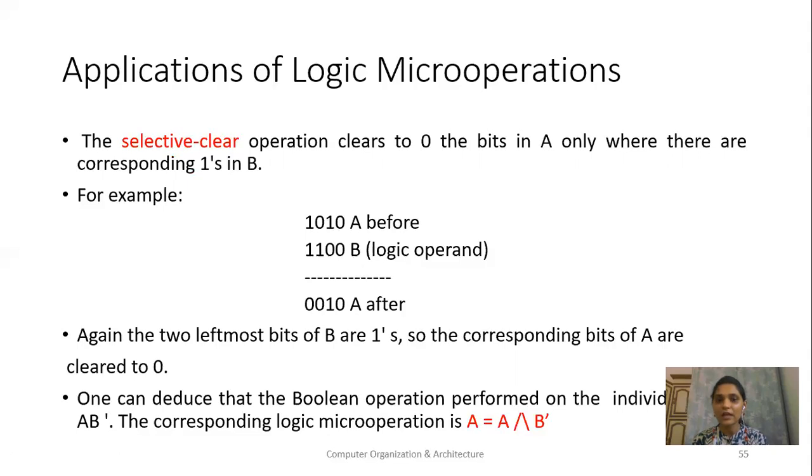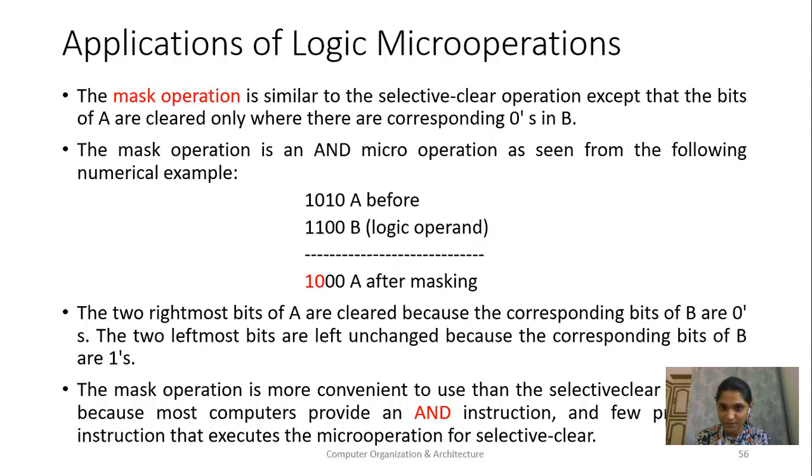For this you can also use a second method, and that is the masking method. In the masking operation, we are just masking the upper bits or lower bits. Whenever you want to do masking, you put 1 1 over there and do an ANDing operation.